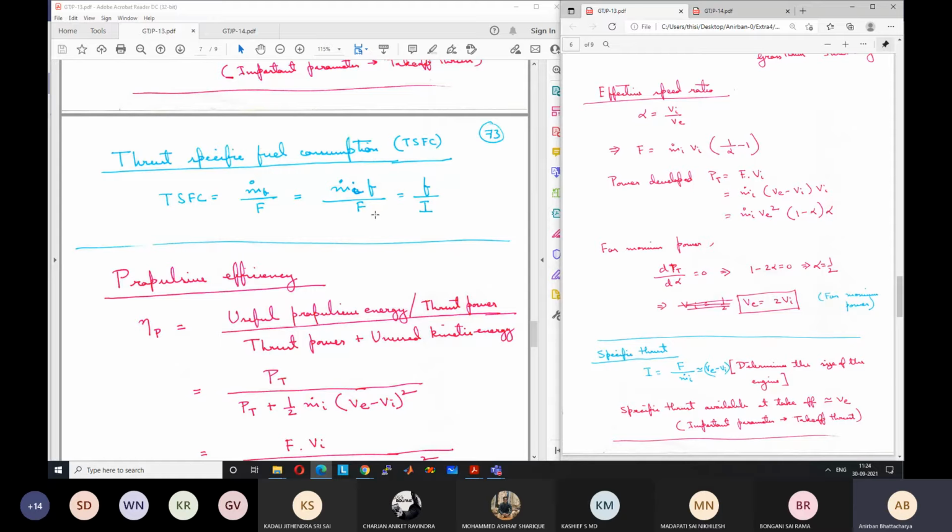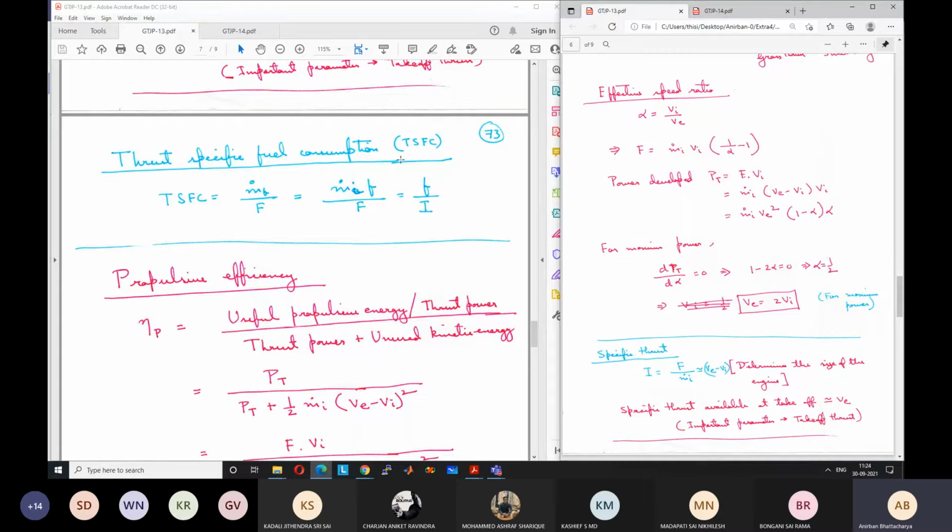Design parameters are parameters which are fixed initially while designing the engine, like the turbine inlet temperature, compressor pressure ratio, things like that. Then there are other parameters which are also fixed, like ambient conditions for which you are designing the engine. And after that, we want to see what these characterizing parameters are, like the thrust specific fuel consumption, things like that.